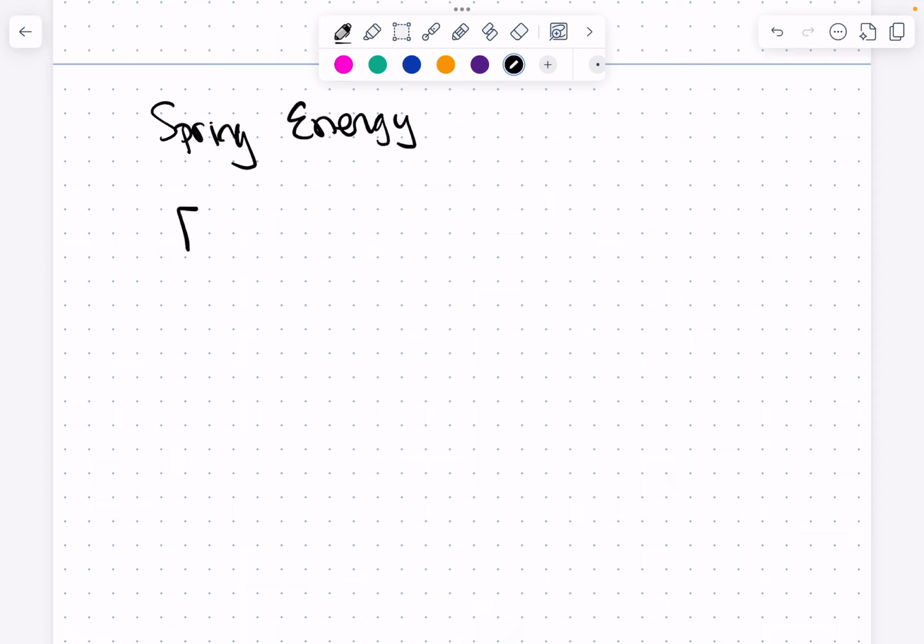Now, our equation for spring energy, we said, is 1/2 force of the spring times our displacement, or how much it's stretched or compressed. Now, this is all great, but sometimes we're not going to actually know how much force and stretch happens.